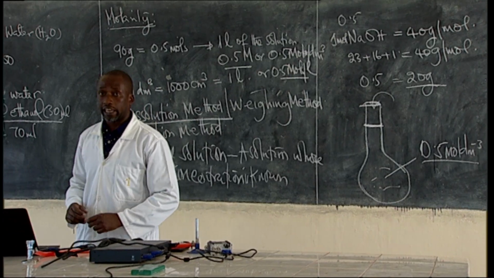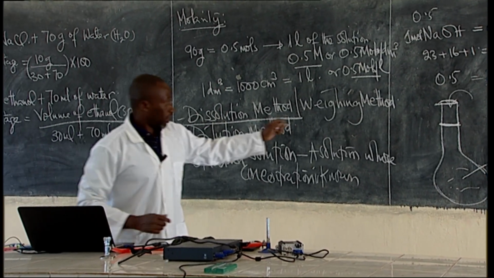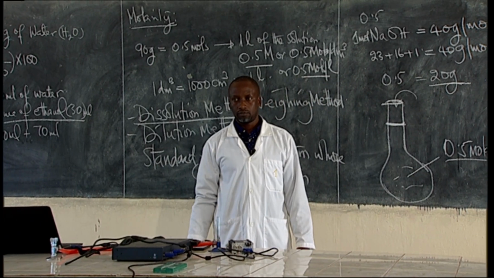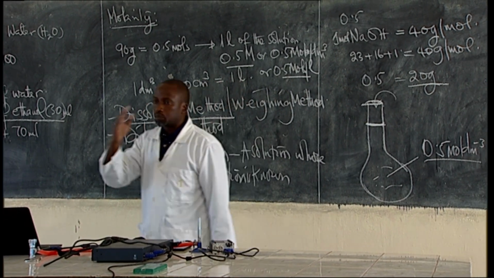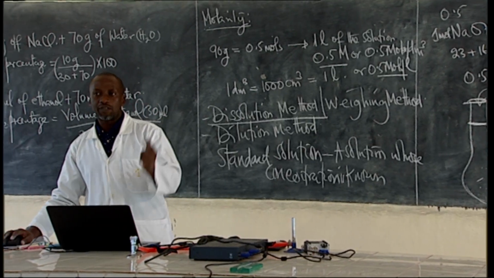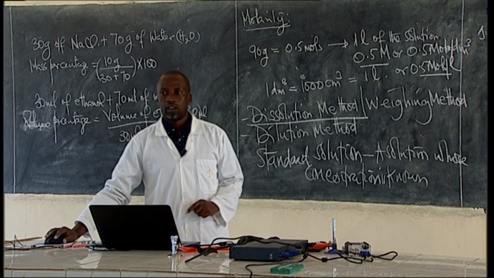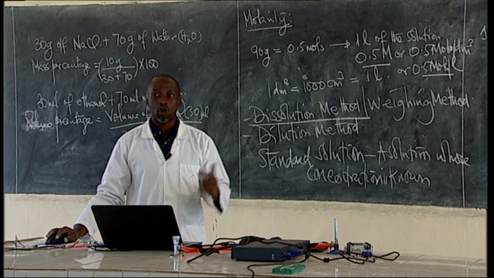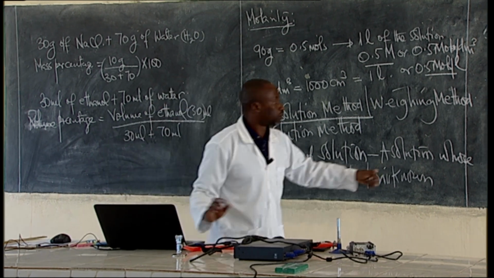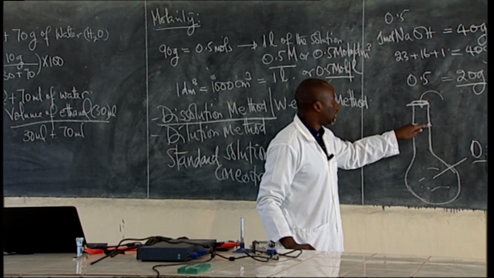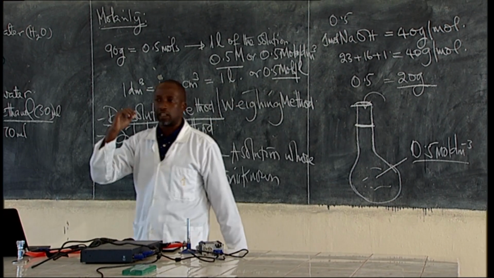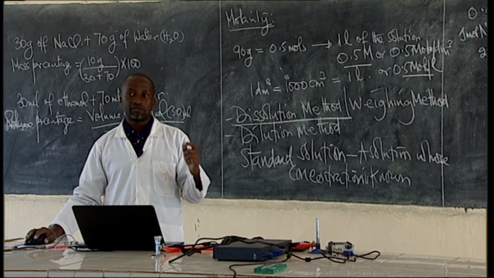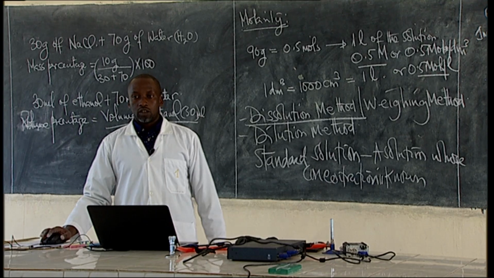You have to be very careful when you are adding the water. So those are the steps. You carefully transfer the solution into this volumetric flask, and you add the distilled water up to this mark to make sure that you make exactly that 0.5. So that is very, very important.